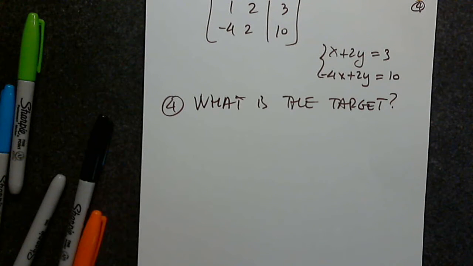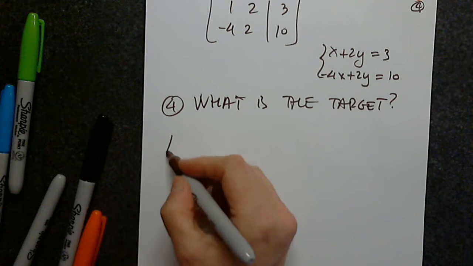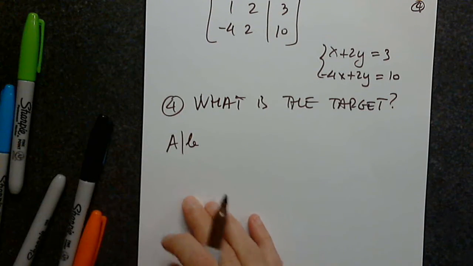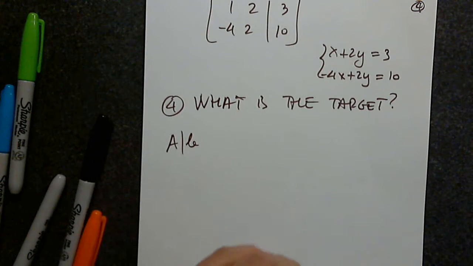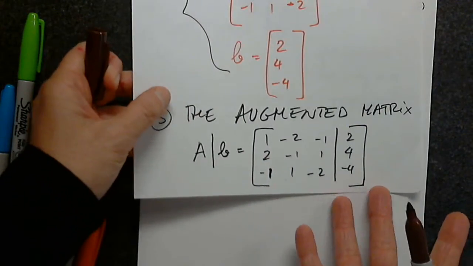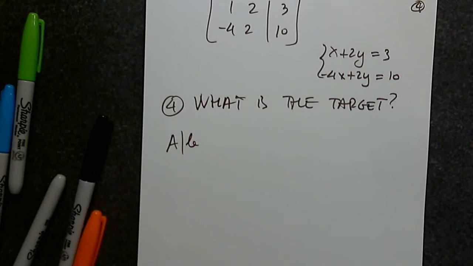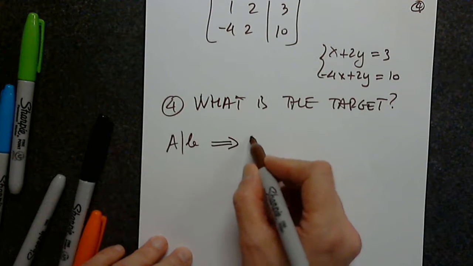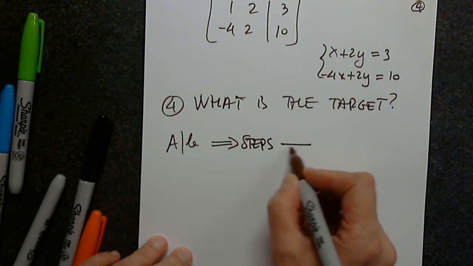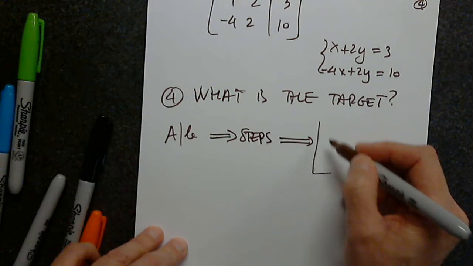Here's what I'm trying to do. I'm trying to change the augmented matrix. Which one? This one, of course, our system. I'm trying to change it in steps to follow, but I'm trying to change it into this.